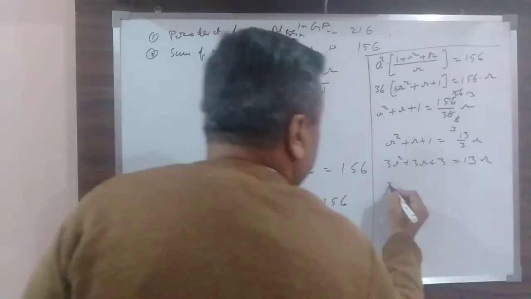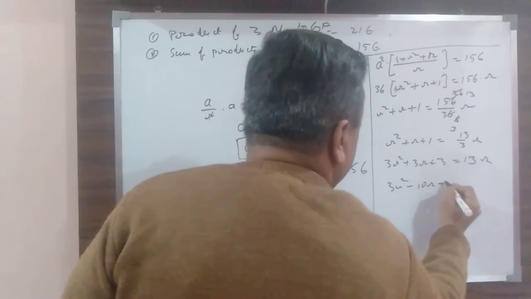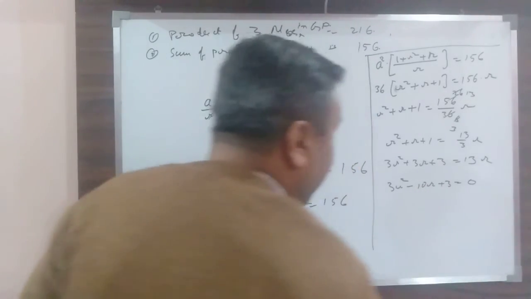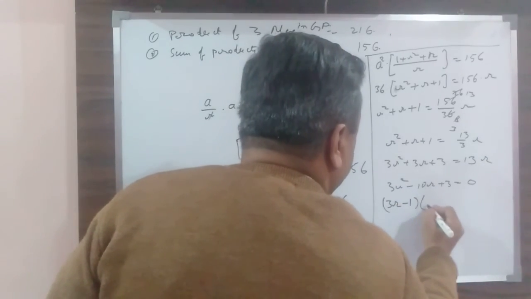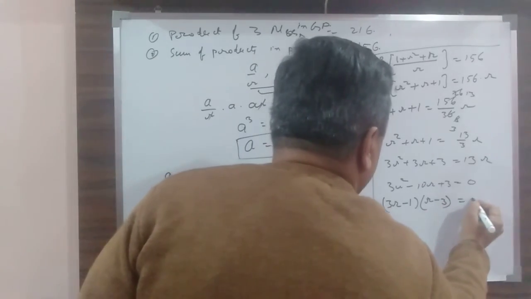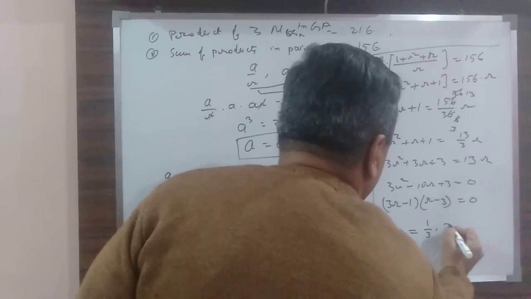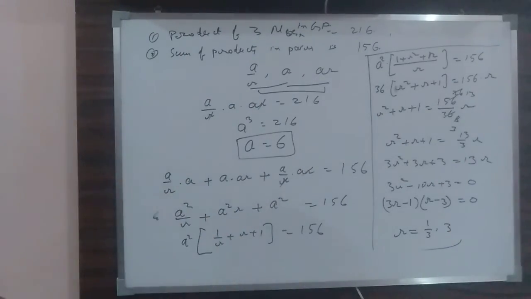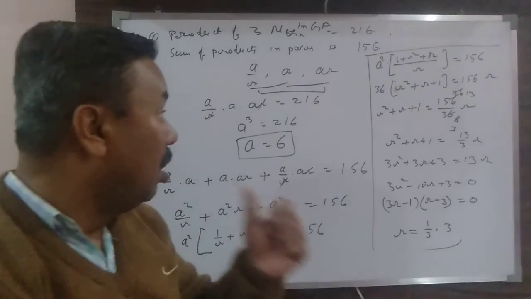Make it there. So 3r square minus 10r plus 3 is equal to 0. Or I can say 3r minus 1 multiplied by r minus 3 is equal to 0. So I can say value of r as 1 by 3 or 3. Okay, value of r you get as 1 by 3 or 3.